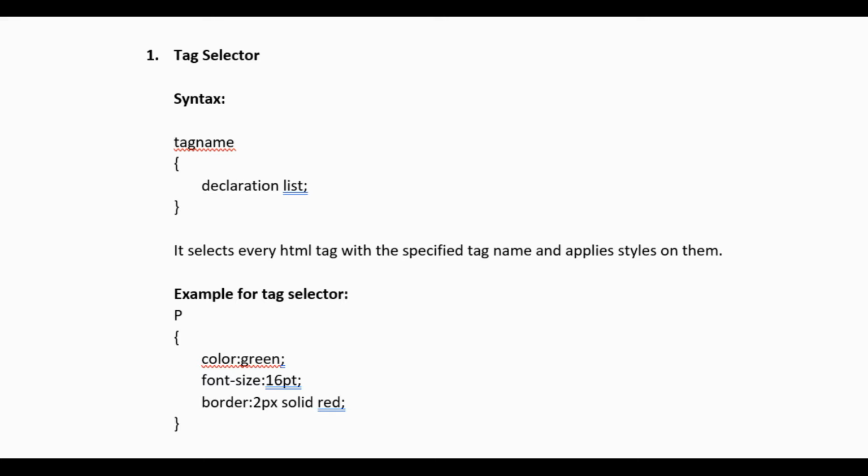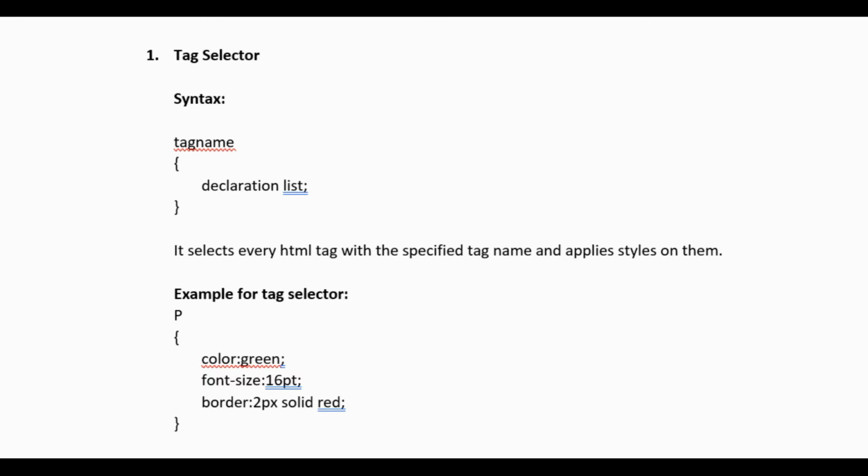For example, p stands for paragraph, and that is a tag name which has the declaration list in which we have three properties and their values. Color colon green, then the semicolon, and then font-size colon 16pt semicolon, and it also says border colon 2px solid red.